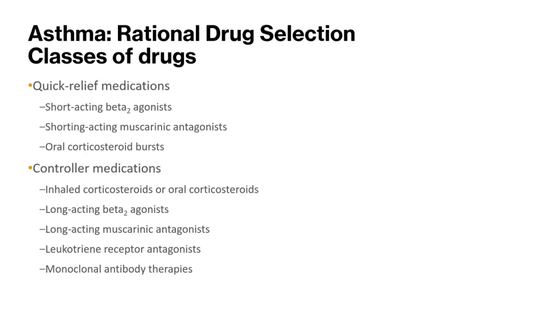Rational drug selection includes quick relief medications, which are the short-acting beta-2 agonists, the short-acting muscarinic antagonists, and the oral corticosteroid bursts.